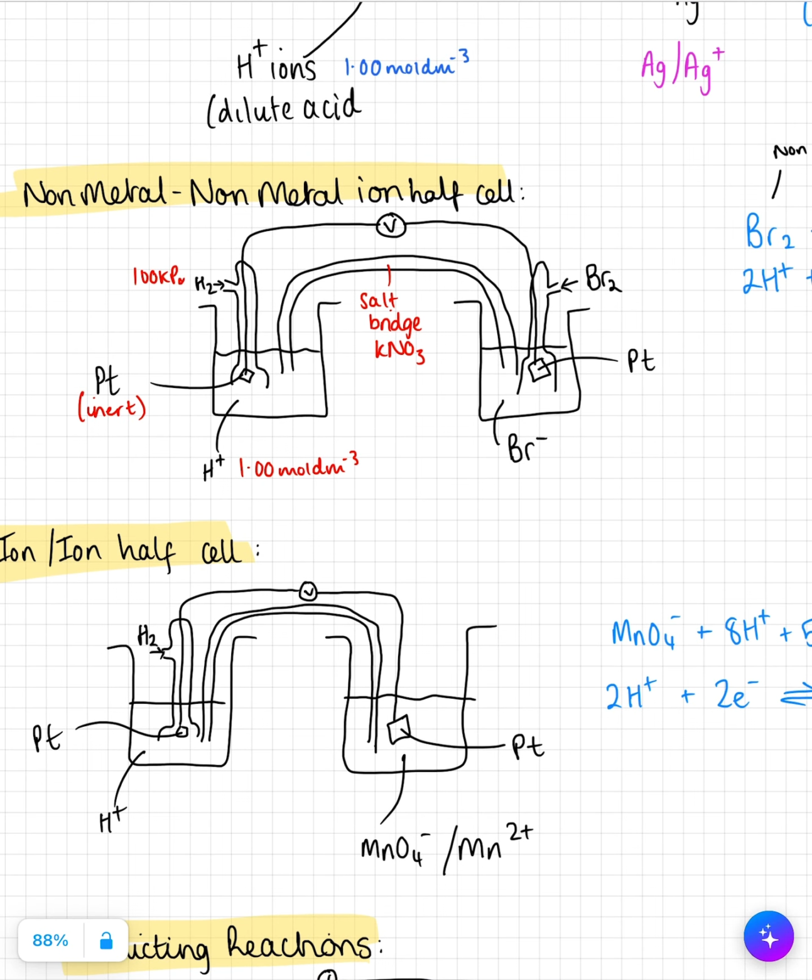Similarly, those conditions will be for our bromine. Our bromine, we're going to be using 100 kilopascals. Platinum electrode, due to it being inert. So because our non-metal in this example that we are doing here is in the aqueous form, we are going to be using a solution of bromine.